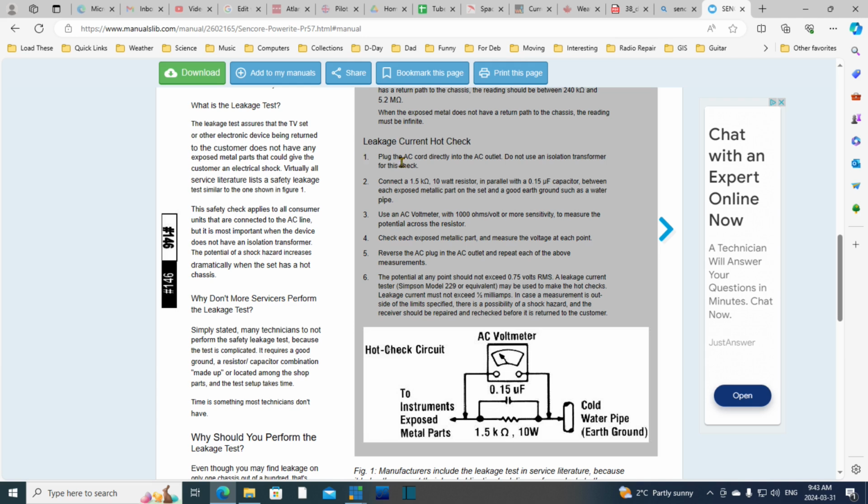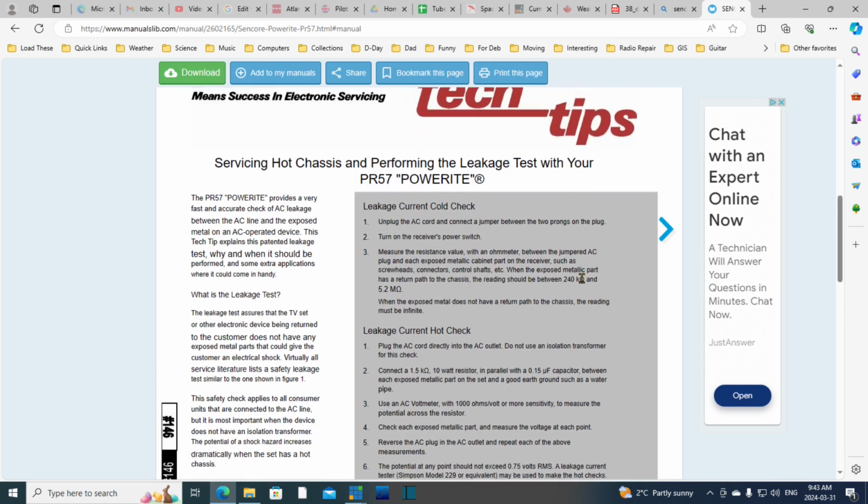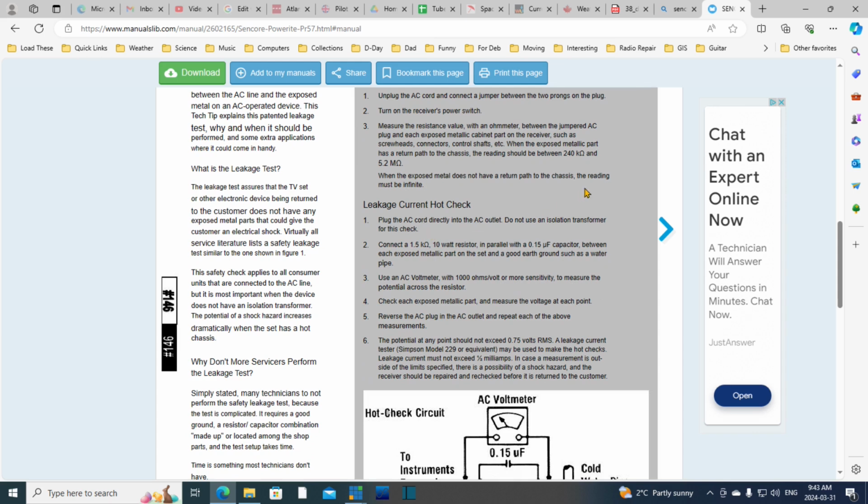Okay, so we're reading here. Leakage current hot check. I guess this is the cold check. Hot check. Plug the AC cord directly in the AC outlet. Do not use an isolation transformer for this check. Okay, so I have an isolation transformer. I'll have to do something different here. Leakage current hot check. Well, wait a minute.